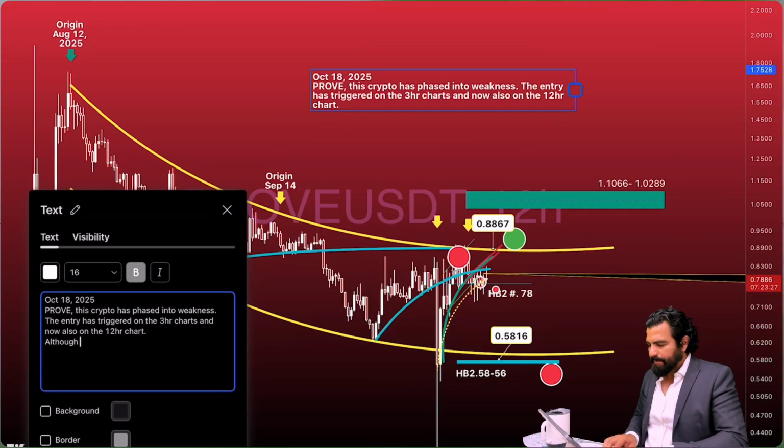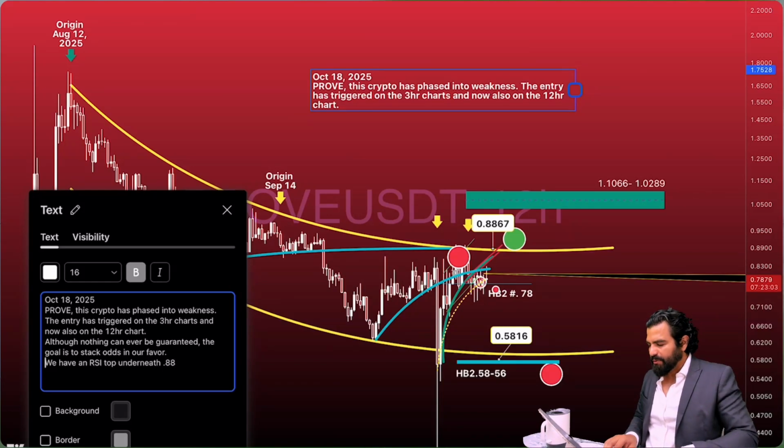Although nothing can ever be guaranteed, the goal is to stack odds in our favor. We have an RSI top underneath 88 cents. That's number one. We have a parabolic top at 88 cents.